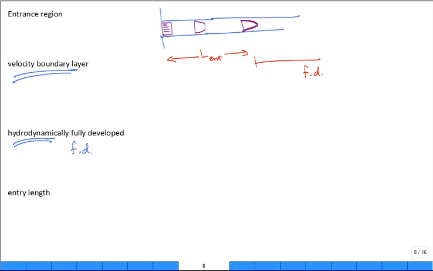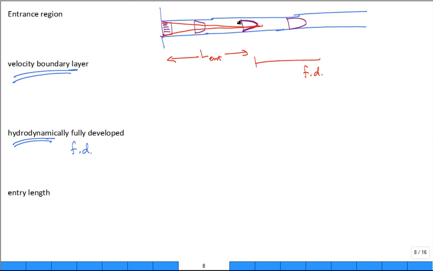You can think about a boundary layer. It's growing the boundary layer, and when the boundary layers from this side and that side coalesce in the middle, it's fully developed. So fully developed means that it reached the maximum velocity? Yeah, it means that as I continue down and I'm not changing the diameter of the pipe, the velocity at any radius stays the same.